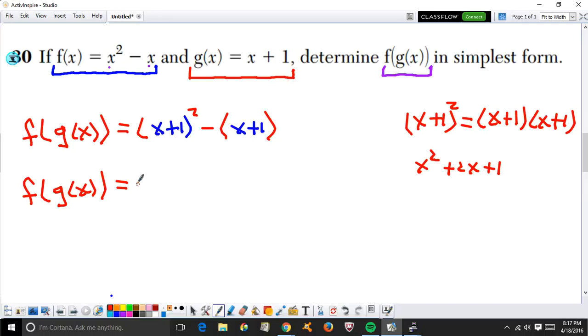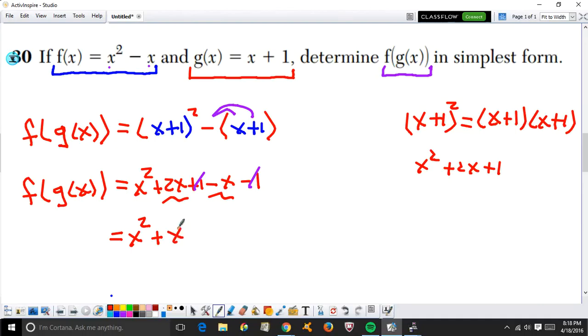So we have x squared plus 2x plus 1. We distribute a negative. We have minus x minus 1. Notice that the negative ones are going to cancel out here. So we have x squared, combining like terms, plus x. f composition g of x.